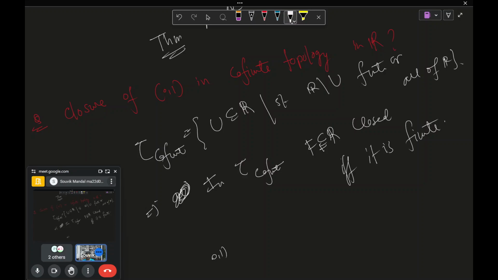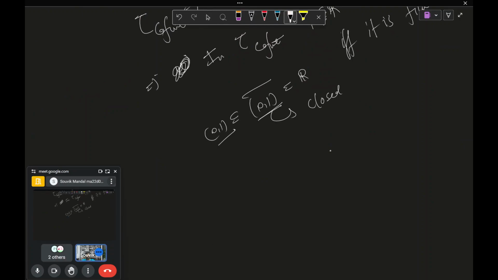Now, the closure of (0,1) contains (0,1), by the definition of closure. This is a closed set anyway, and if it is a proper closed set, then it has to be finite. But (0,1) is not finite. So the closure of (0,1) has to be the whole of R. Let me repeat the argument. This is a closed set. If this is a proper subset of the reals, then it has to be finite.